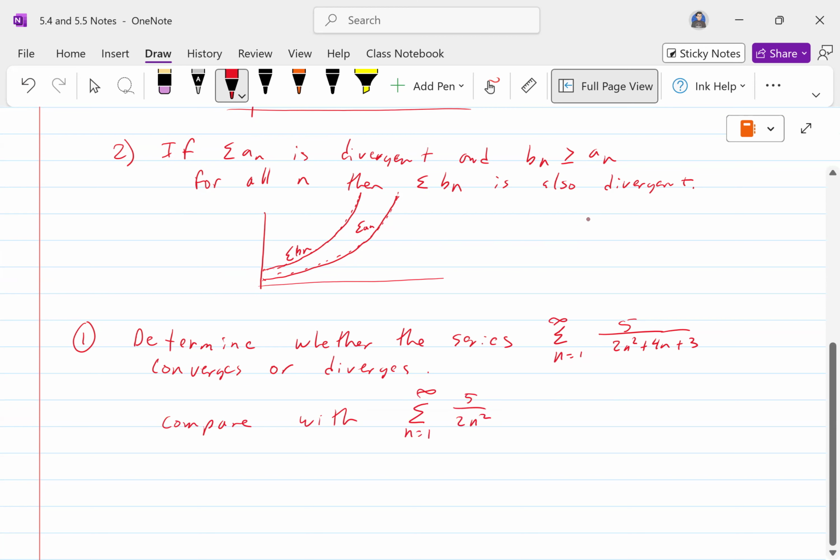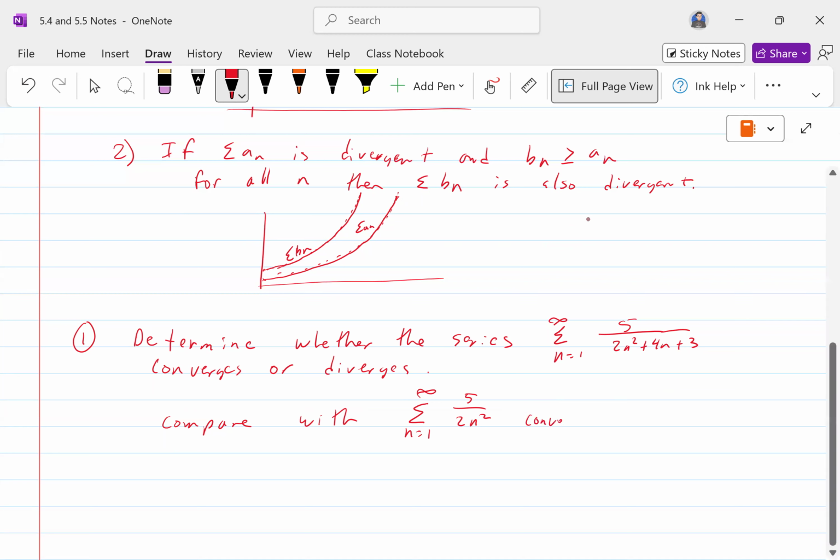Let's just compare it with that without all the extra stuff in the denominator. How does that help me? Well, this is a convergent p-series. It just has the 5 halves in front, which is fine, but it's still a p-series.